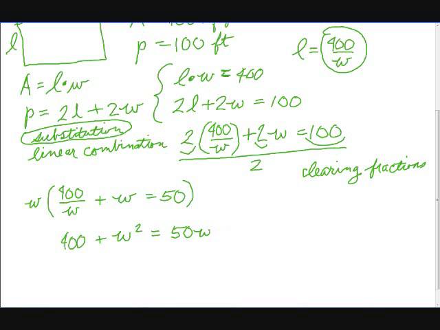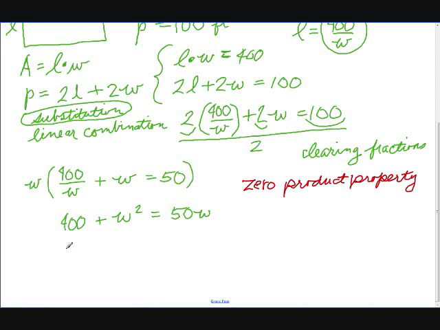I am hoping that at this point you are already thinking of the zero product property. Anytime you see a quadratic, I'd like it if you would just automatically start thinking of the zero product property. Well, I don't have a zero, but I can get it easy enough, right?